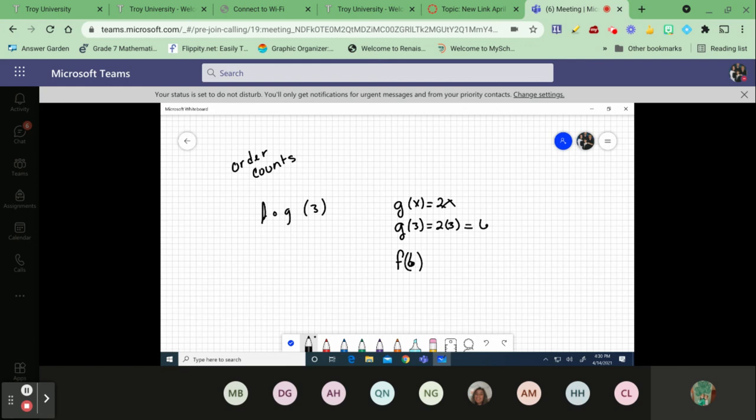Whatever I get for g of 3, I'm going to insert into my x, and that's going to give me the square root of 6 plus 2, square root of 8, and I'm pretty sure they probably simplified. Square root of 8 comes down to the square root of 4 times the square root of 2. 2, square root of 2, yes?